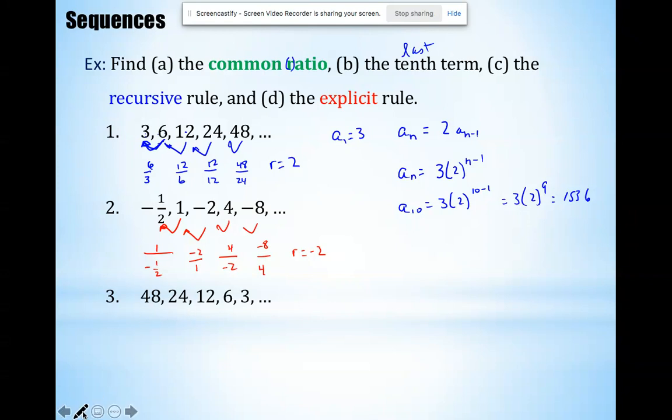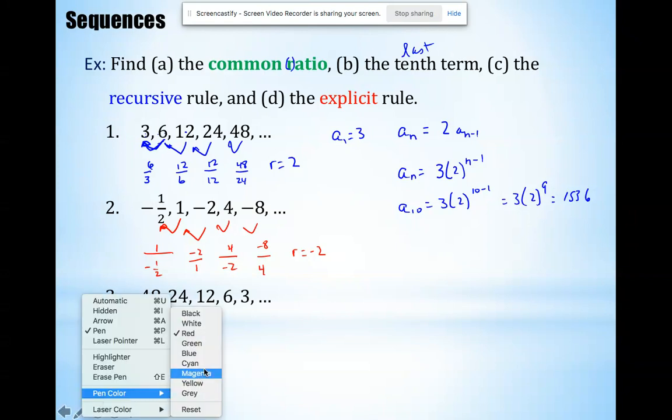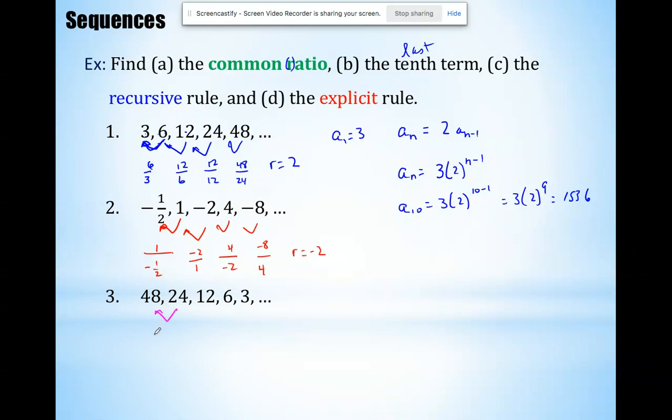What about this one? Again, these numbers are fairly simple, so without going through this process, hopefully you'll be able to see that r is equal to 1/2.